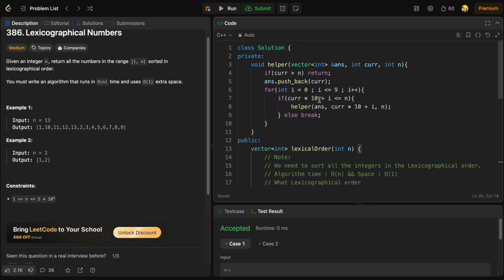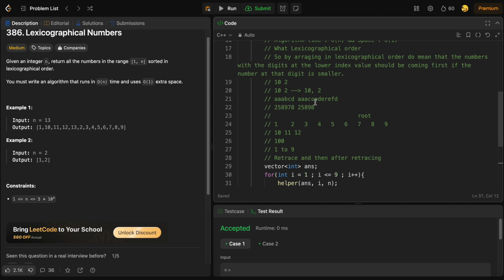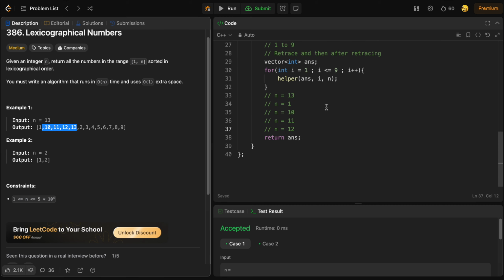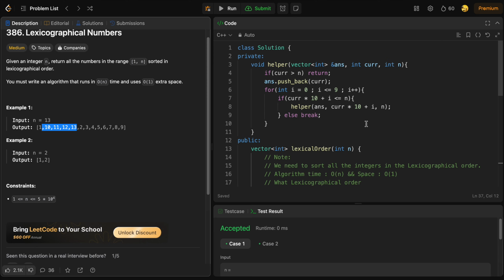So 11 is less than or equal to 13. So 11 would be processed next, followed by 12, and 13 will be processed. So after this, with one subtree, I found every number, right? So I'll just find out for 2. Being 2 as a root and all the subtrees that are part of 2 as a parent, I'll just find out all the numbers possible. So that's how this works.